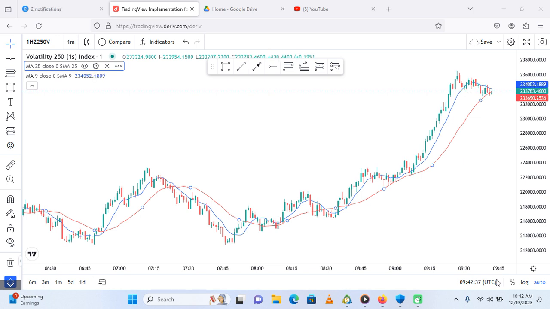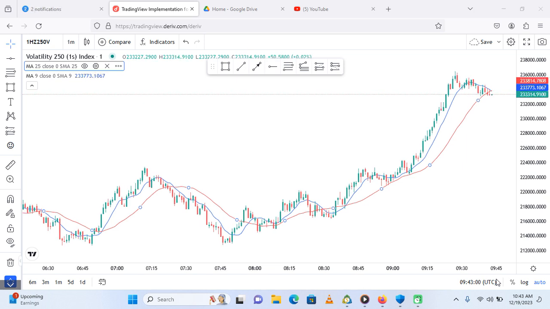Now, quick one. What are the settings for the moving average? We are using simple moving average, and the periods are going to be 9 and 25. 9 is a short moving average value that combines 9 preceding candles, and it tells you the direction that the market is expected to go.